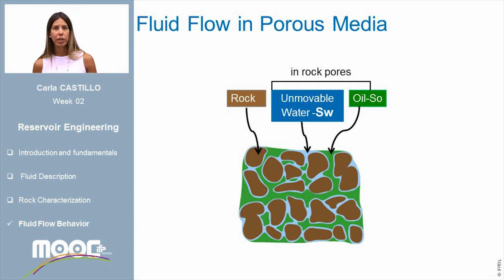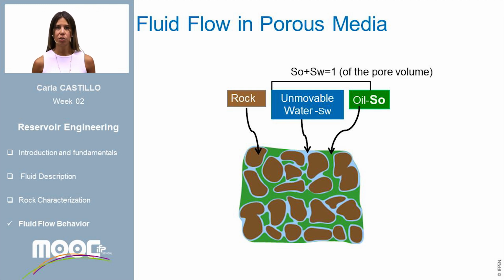In the graph, we can see that the saturation of water, Sw, is related to the quantity of water present in the voids. The oil saturation, So, is the volume of oil, or in general, hydrocarbon, present in the voids. We can highlight that the sum of Sw and So equals 1 or 100%. Saturation is measured in percentage and is dimensionless.